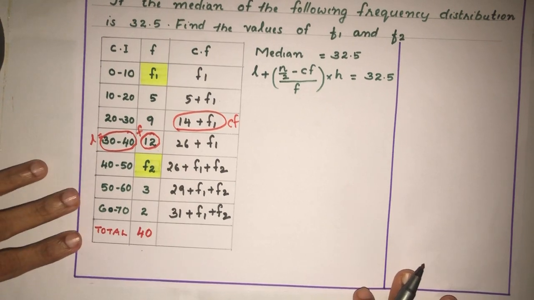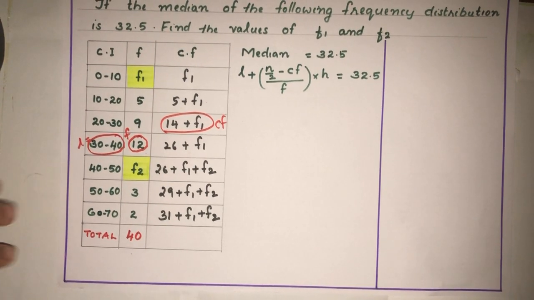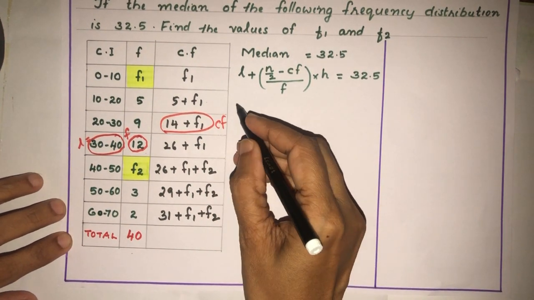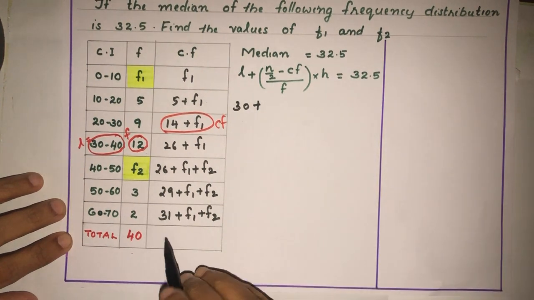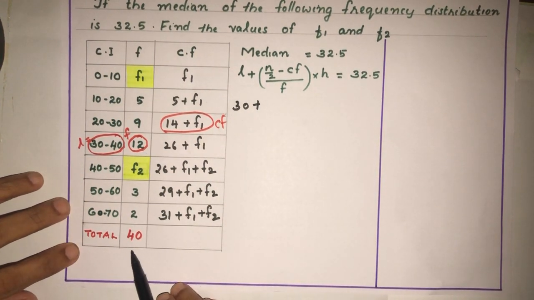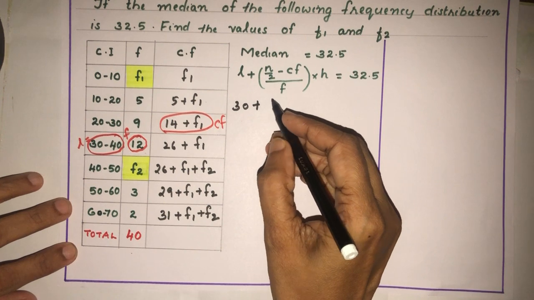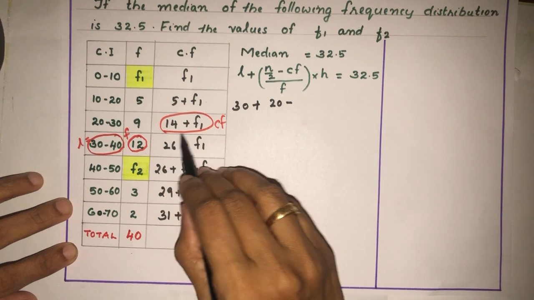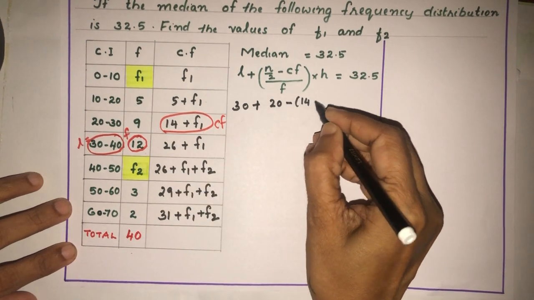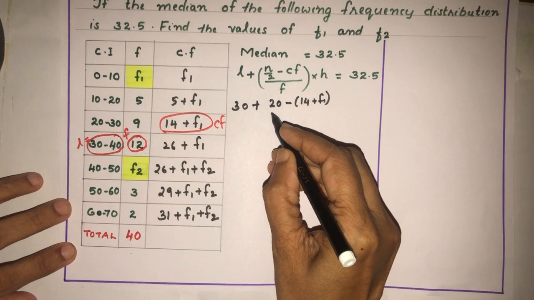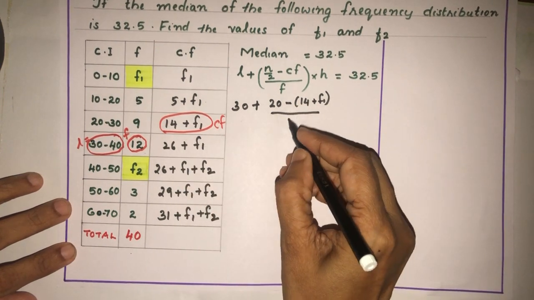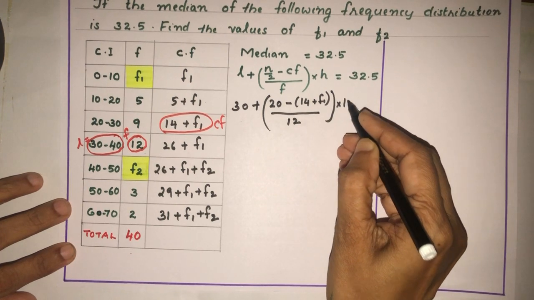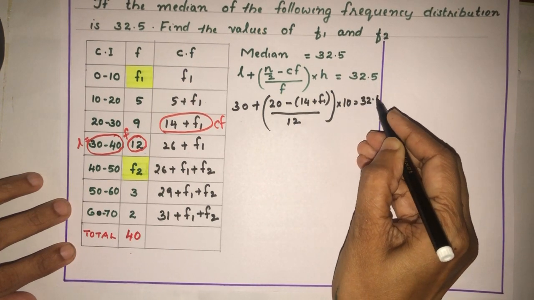Okay. Now we are going to substitute the values. So L is 30 plus N by 2. N is 40, 40 by 2, 20 minus CF. What is CF? 14 plus F1, divided by F, what is F? 12, multiplied by 10 equals 32.5.